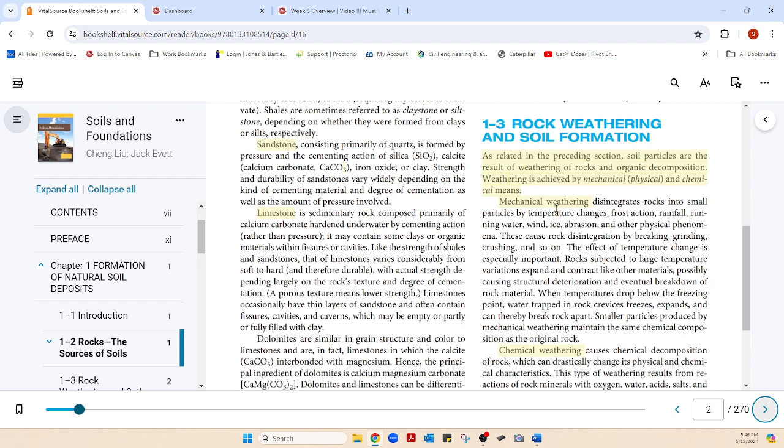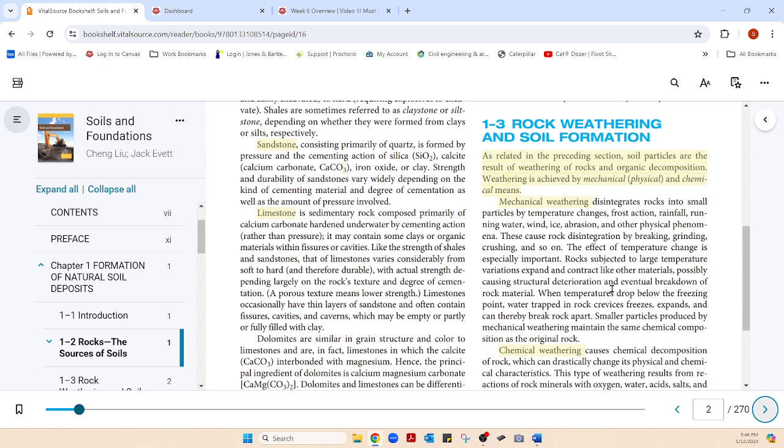Mechanical is more of a denigration of rocks into small particles by temperature changes, frost action, rainfall, running water, wind, ice, abrasion, where rocks are rubbing up against each other, and other physical phenomena. These cause rock disintegration by breaking, grinding, and what we're getting down to is soil after a while.